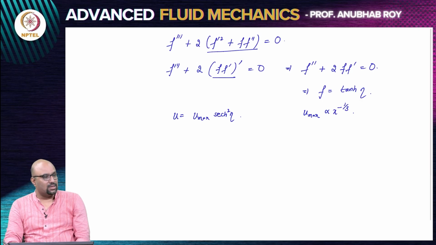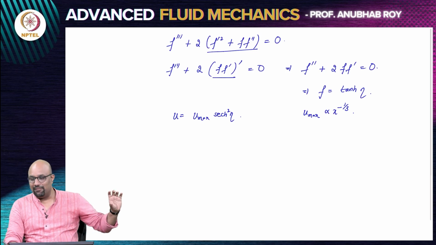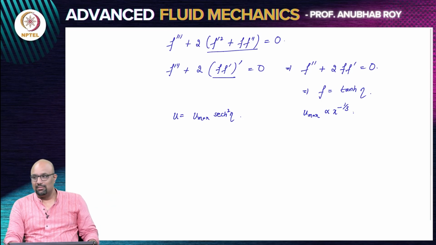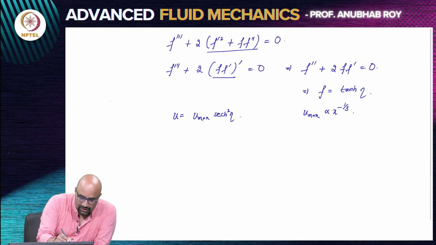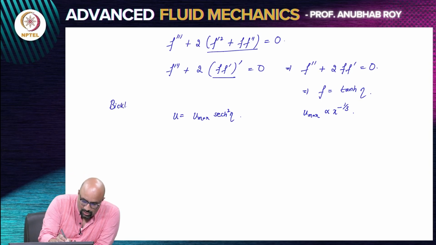So, what you observe here is that there is a decay of your centerline velocity that goes as x to the power minus 1/3. There is an algebraic decay of your centerline velocity. So, as the jet propagates, the jet is getting weaker and weaker. This kind of a jet is also known as a Bickley jet.